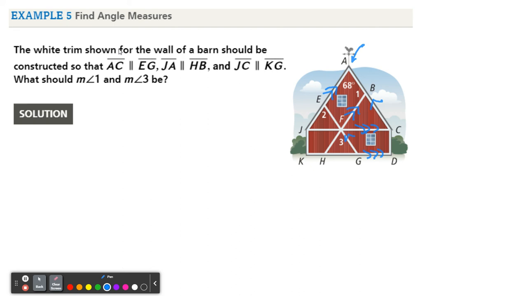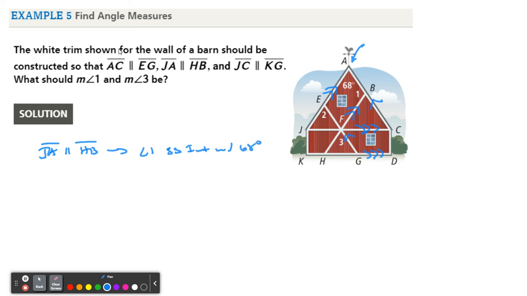Okay. So if I look here, if JA and HB are parallel, then I know that angle 1 is going to be same side interior with the 68-degree angle, right?